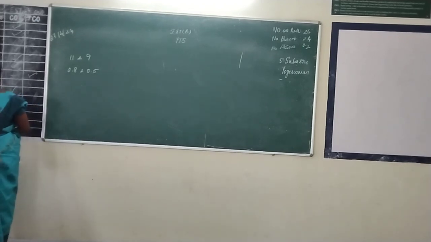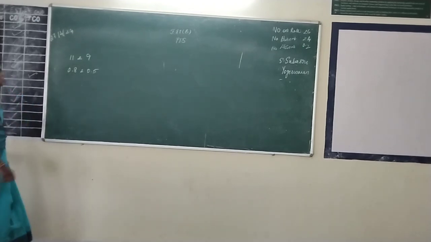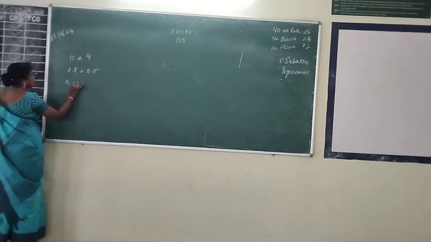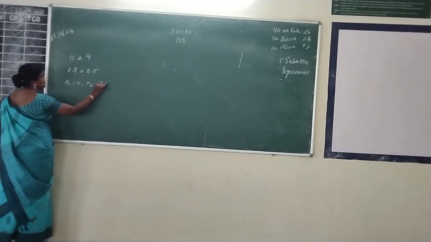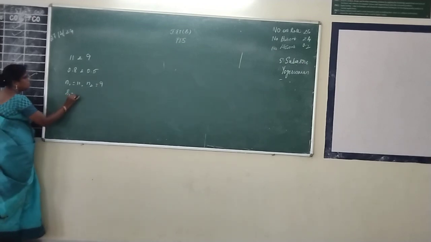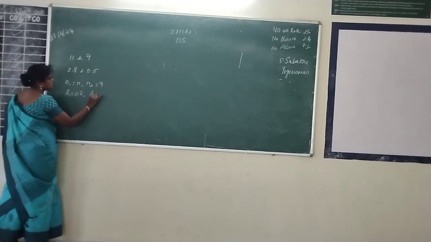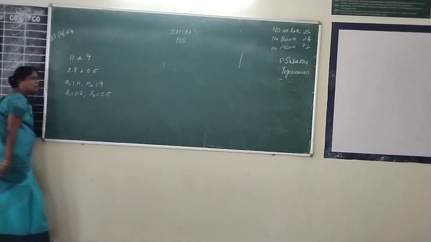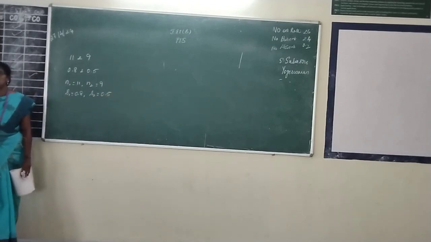Start it right. Given n1 equal to 11, n2 equal to 9. Then we are given s1 as 0.8, s2 as 0.5.